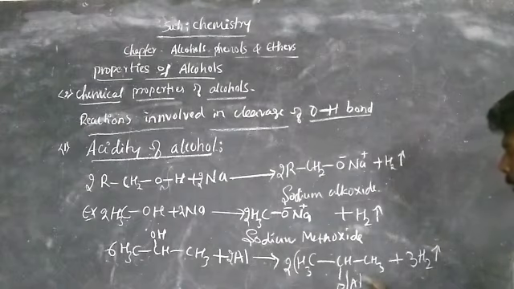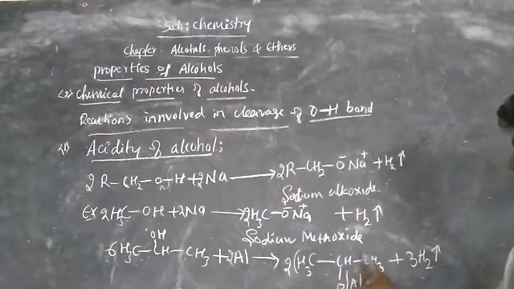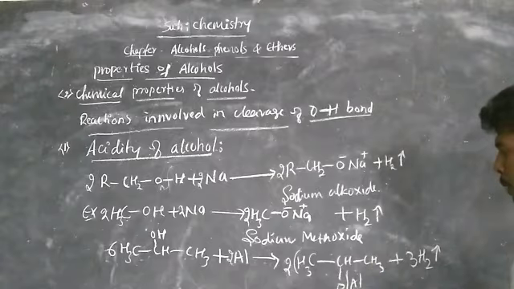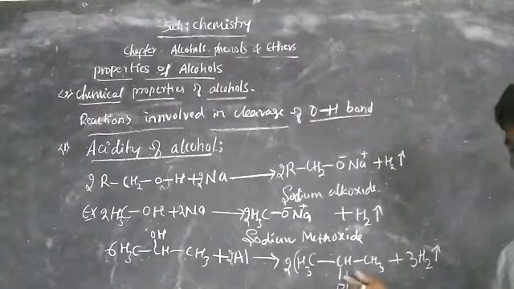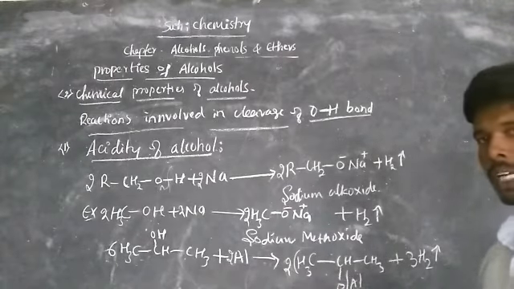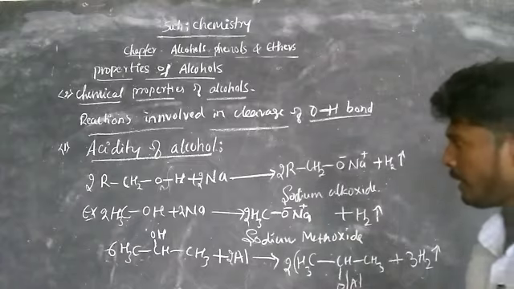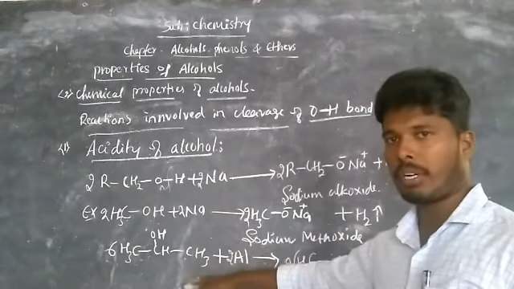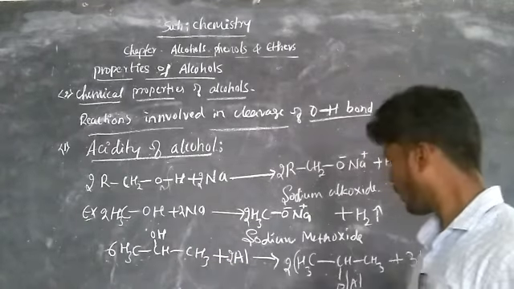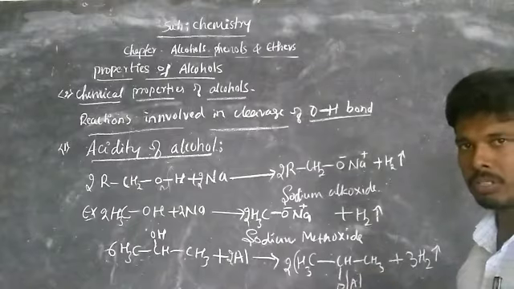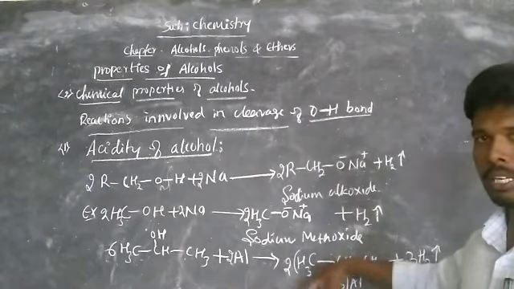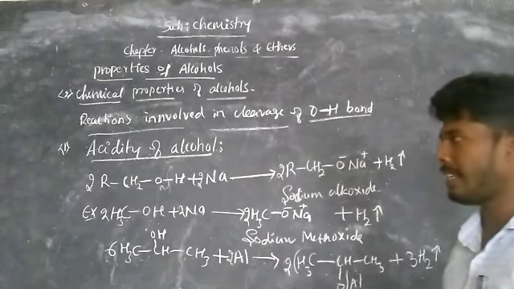Here you get aluminum tri-2-propoxide, aluminum 2 propoxide. Similarly, if you take tertiary butanol, meaning tertiary alcohol, you get the respective sodium tertiary butoxide. Now, from this chemical reaction, you can decide the acidic character.